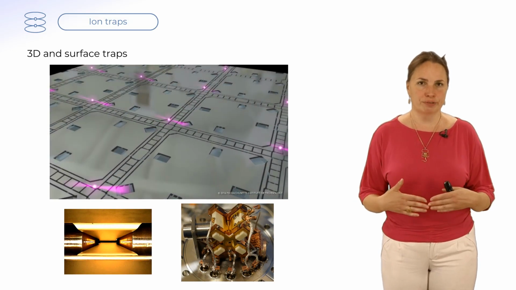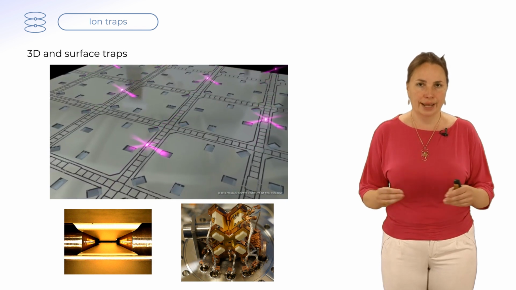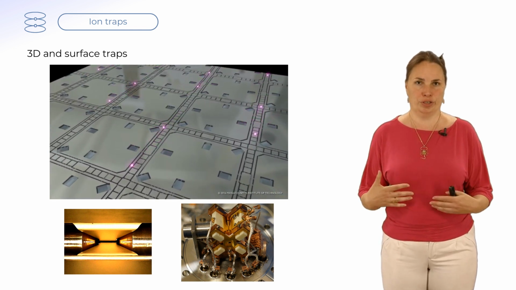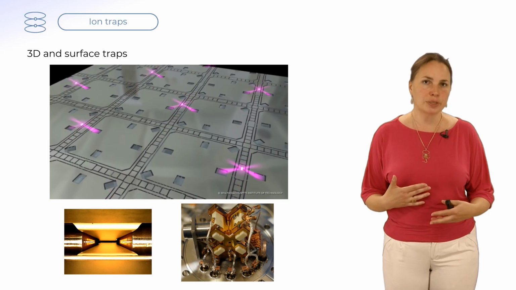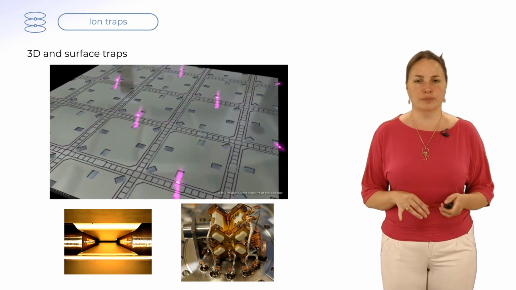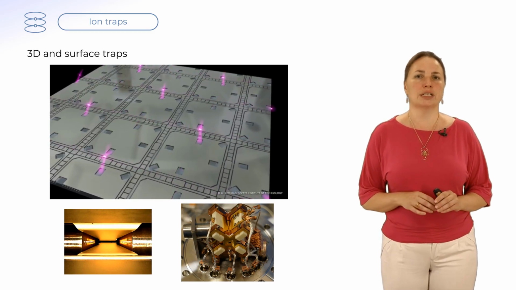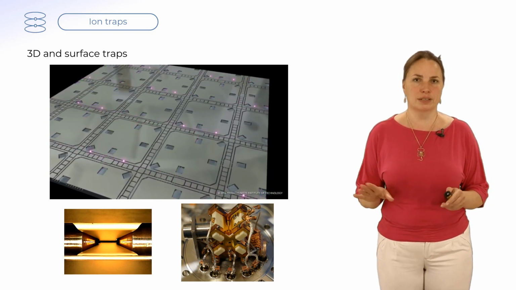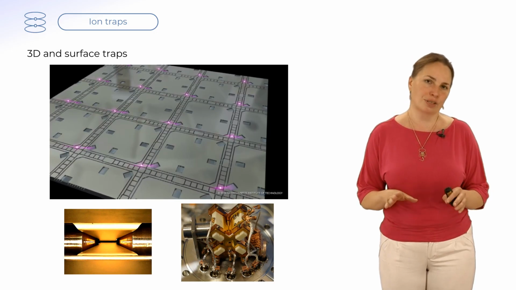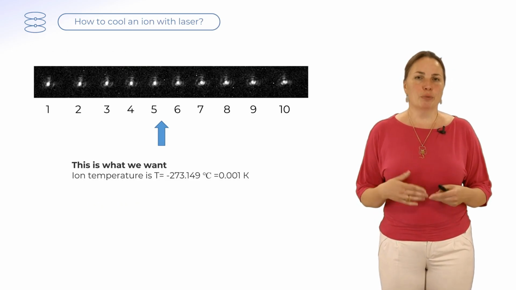We can apply different types of electric fields to make the ions move and go closer to each other. Then we can do something with them with a laser, for example, and then again control their position. So this is very high technology. It already has many years of development. It's close to microelectronics.